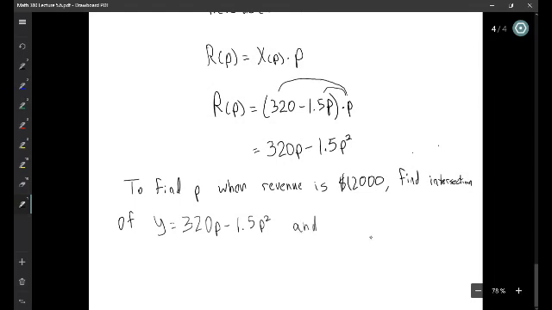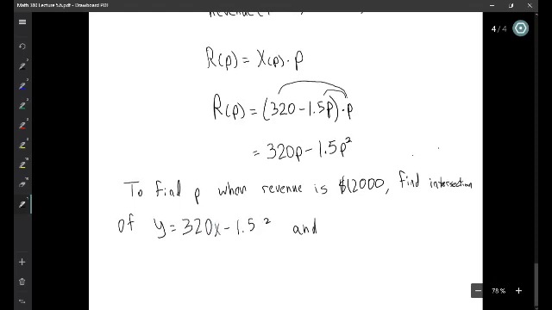But since you'll be putting it into the calculator, your independent variable will use x. So y equals 320x minus 1.5x squared, and y equals 12,000.